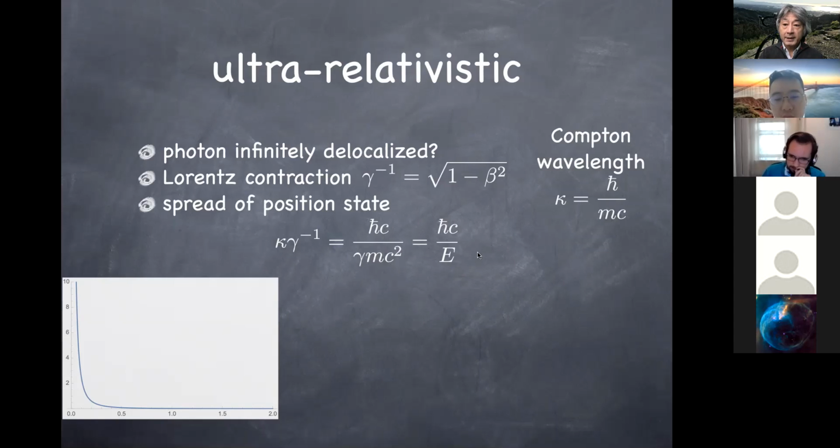So it turns out that thanks to Lorentz contraction, if you boost the particle to high velocities, then you can have the spread of the wave function be much, much smaller, going like 1 over E. If you have a photon of energy E, then you can have a localization down to the size of h bar c over E. That's what you learn from combining the idea of the spread by Compton wavelength and the idea of Lorentz contraction in relativity.